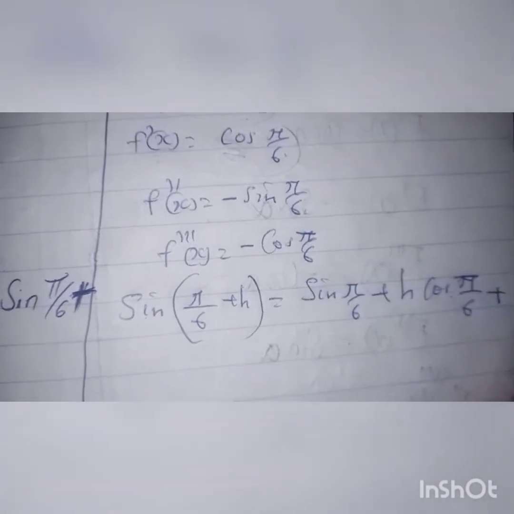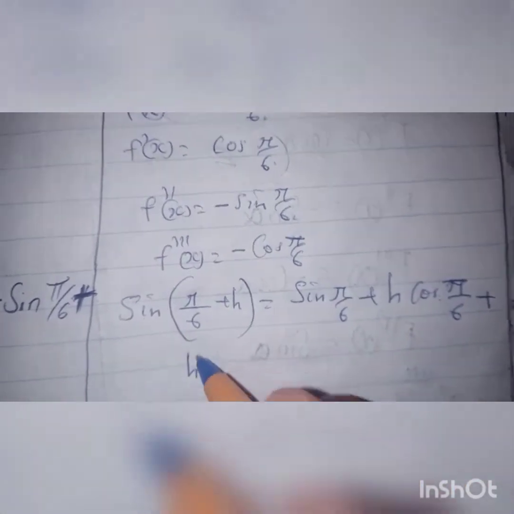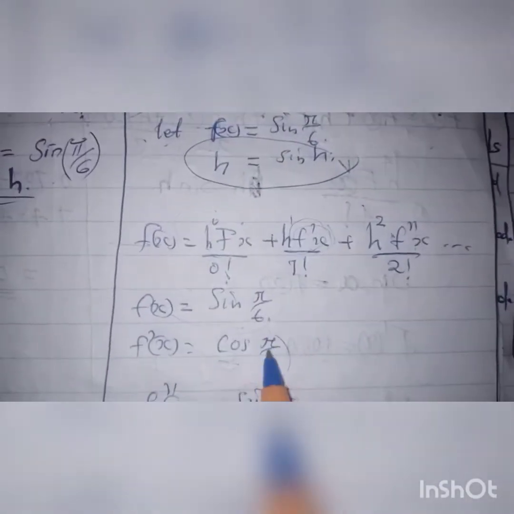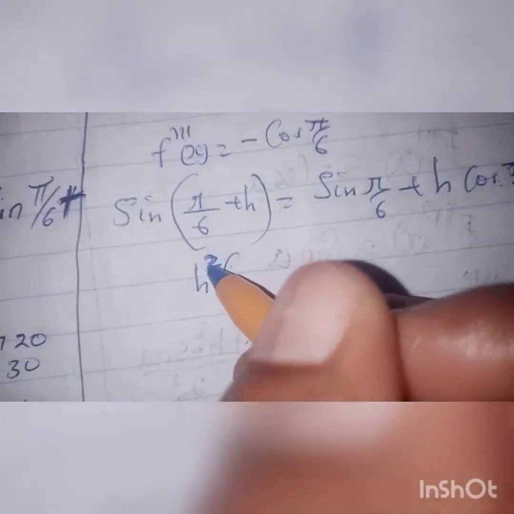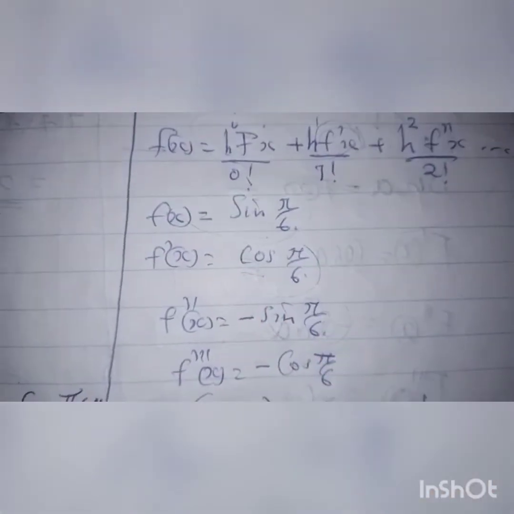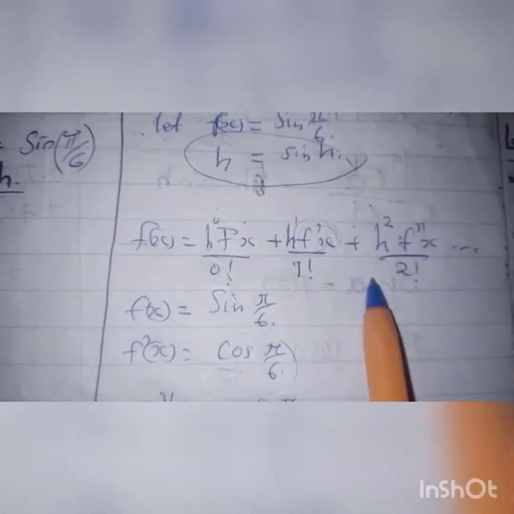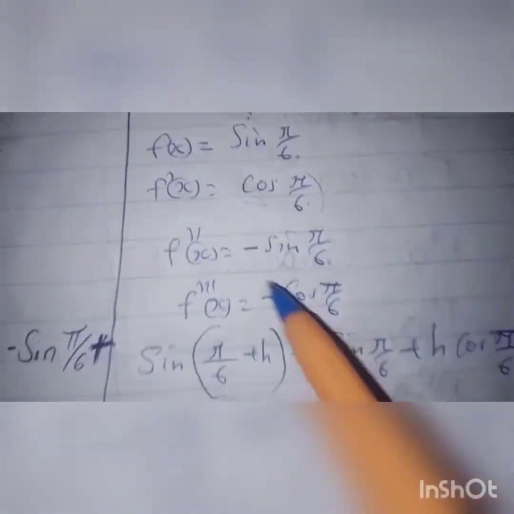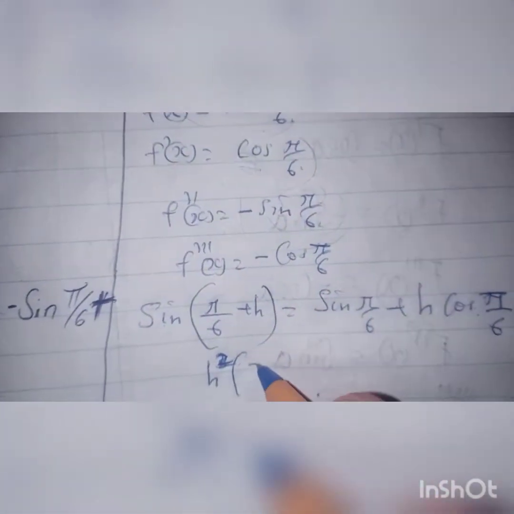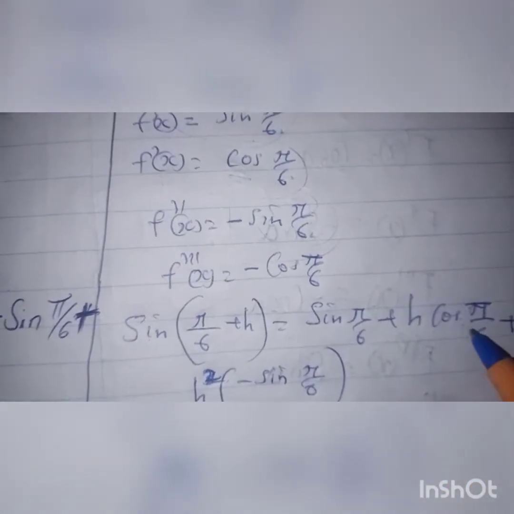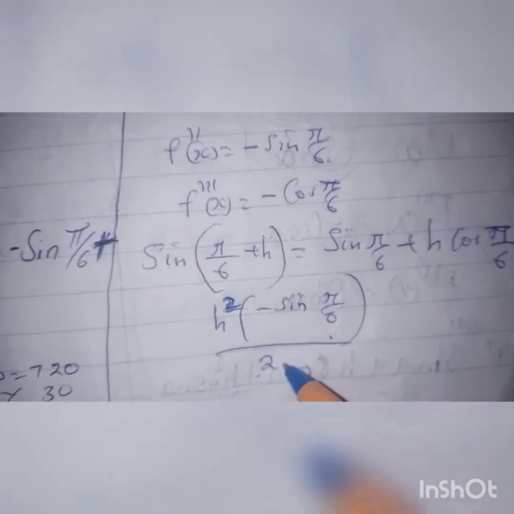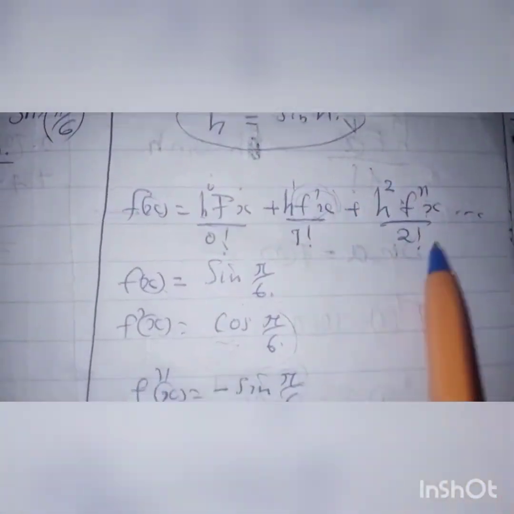Then we add h squared multiplied by the second derivative, which is minus sine pi over 6, all over 2 factorial as indicated in the series.